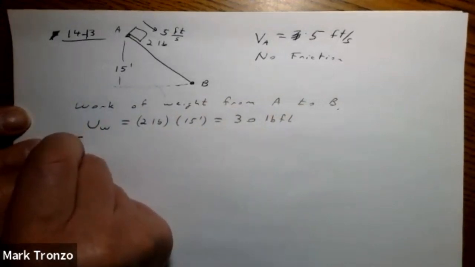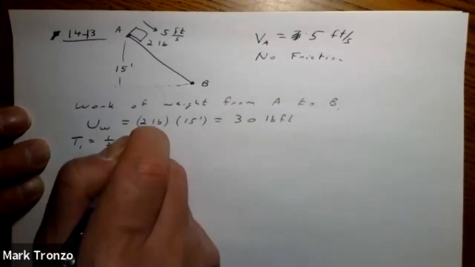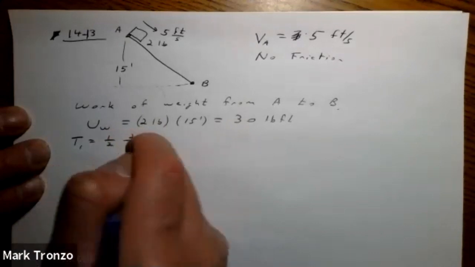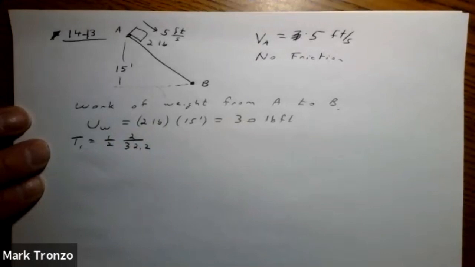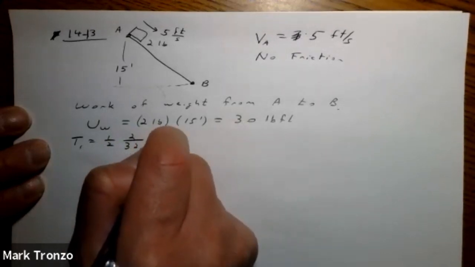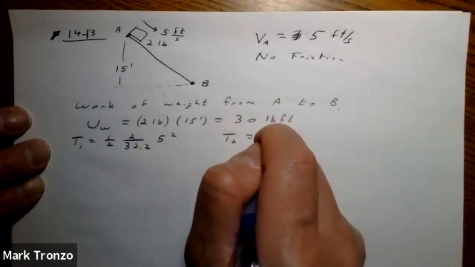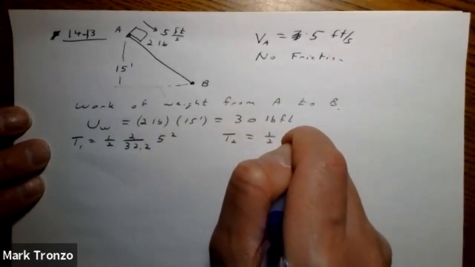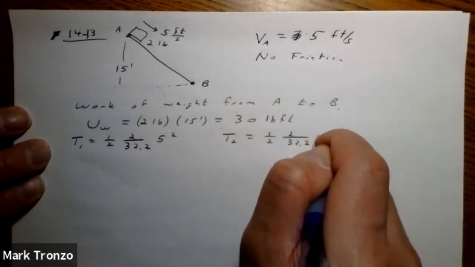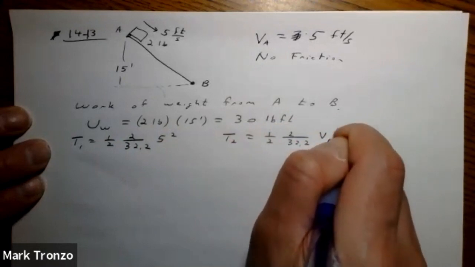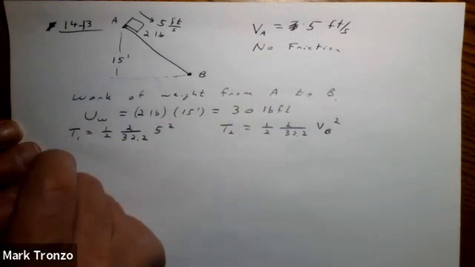And this time T1 is going to be a half, and the mass is going to be 2. Keep in mind, this is English units, so we have to divide by 32.2. And the velocity was 5 squared. Then T2 is going to be 1/2 times 2 over 32.2 times velocity of B squared. So you can just substitute.